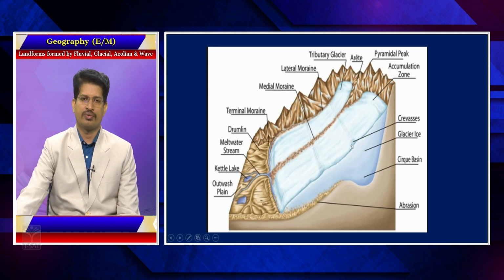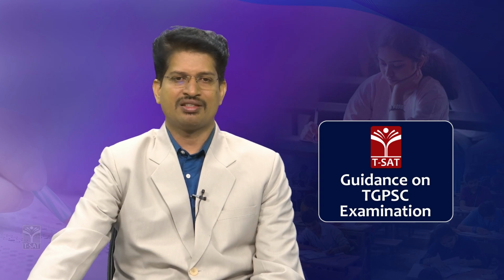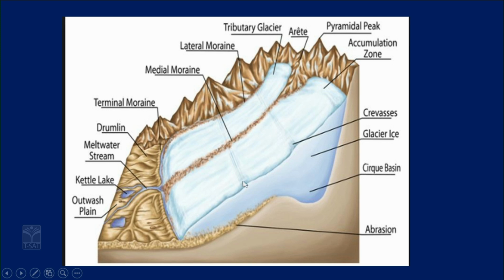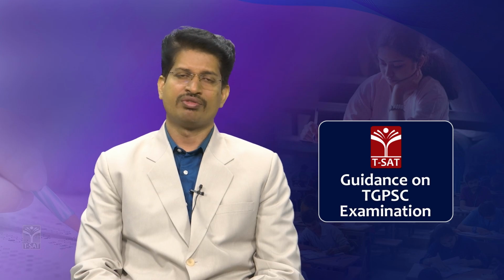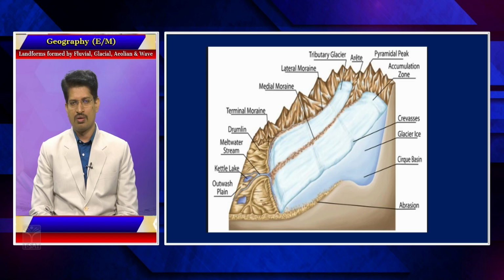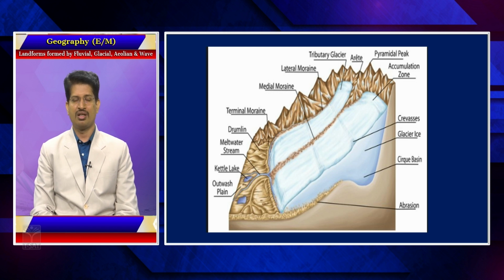So, in this context, the moving ice carries the weathered and eroded material beneath. The weathered and eroded material formed by glaciers is known as moraine. One of the differences between this material and that from fluvial erosion, that is, water and glaciers, is that water tries to make rocks smooth and round, whereas the glacially eroded material becomes angular.